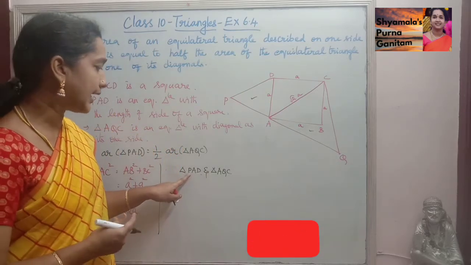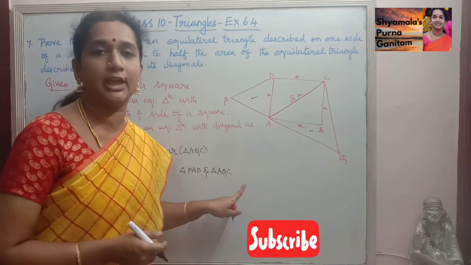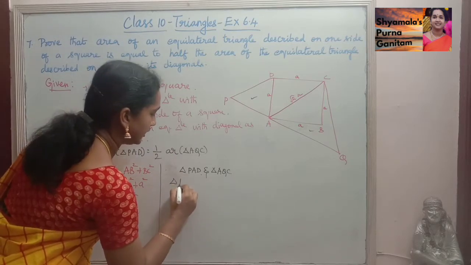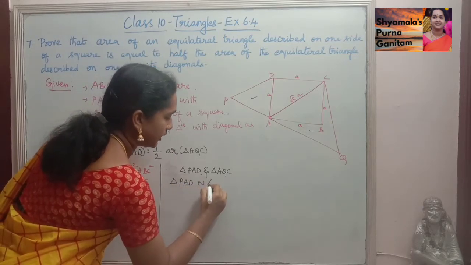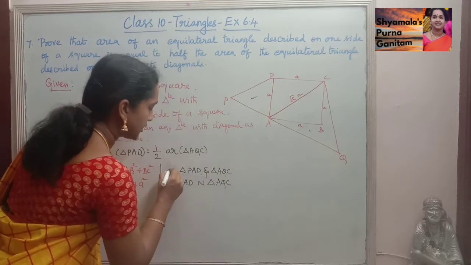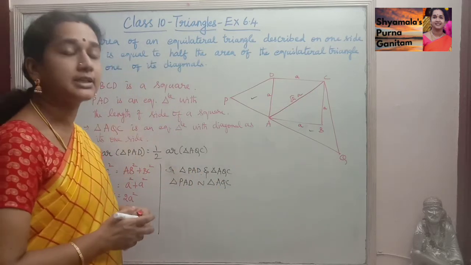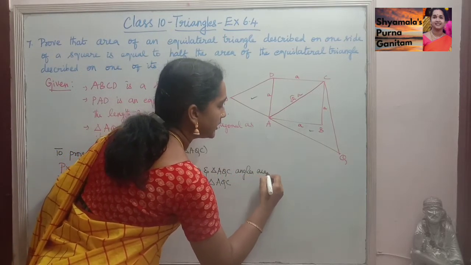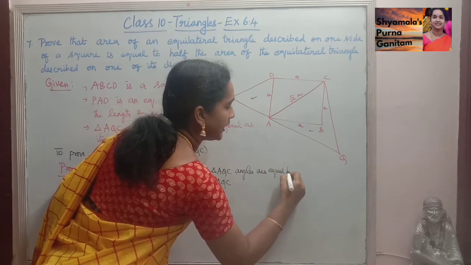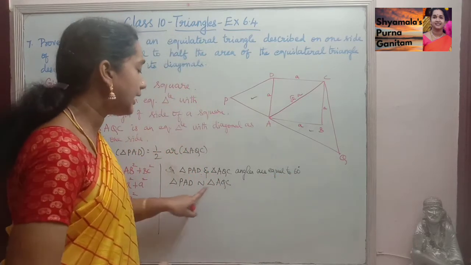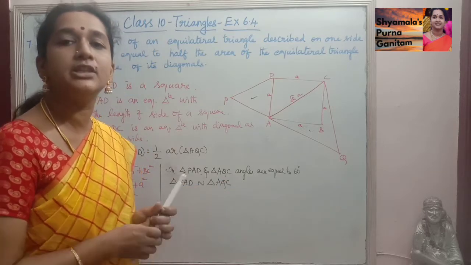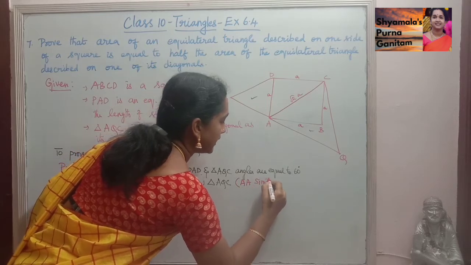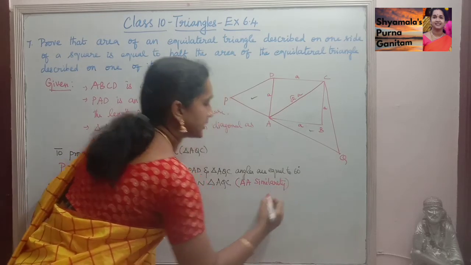So we can say that triangle PAD is similar to triangle AQC by AA similarity.